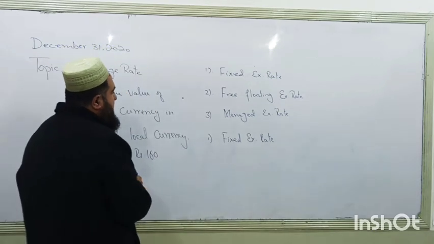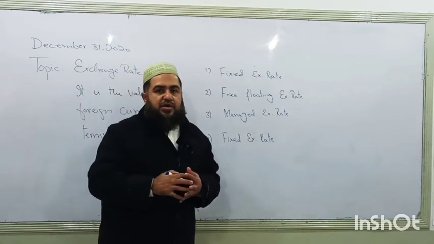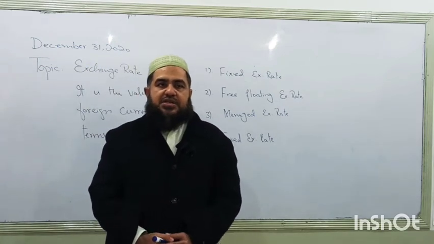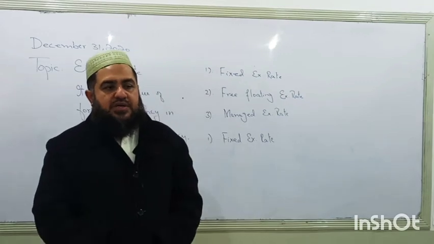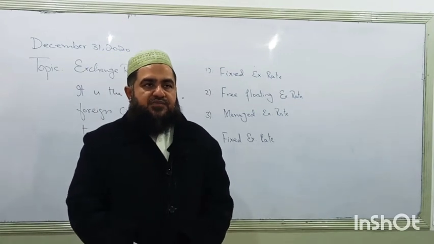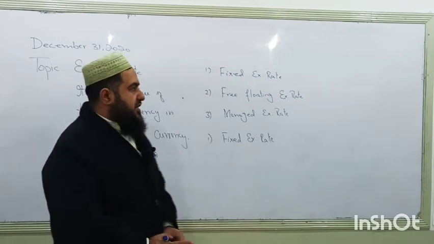So fixed exchange rate is usually adopted by the planned economic countries, or the countries where the state has more control over international finance, so they can keep the value fixed.